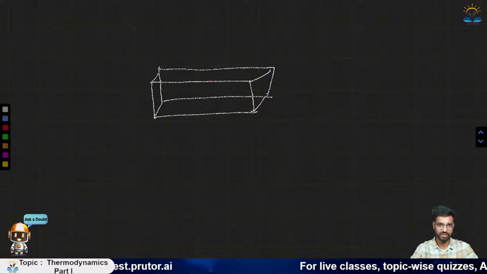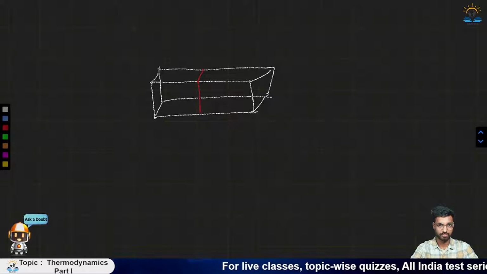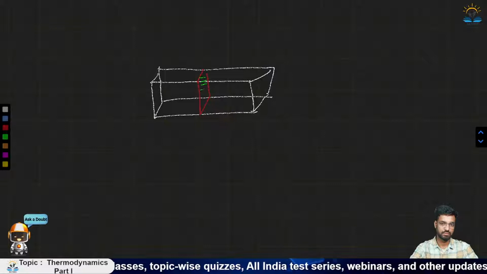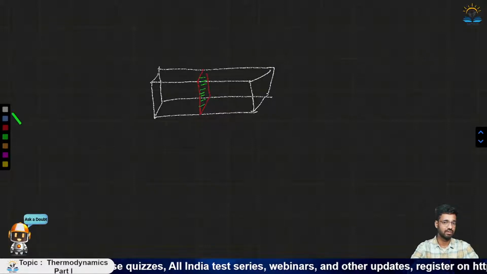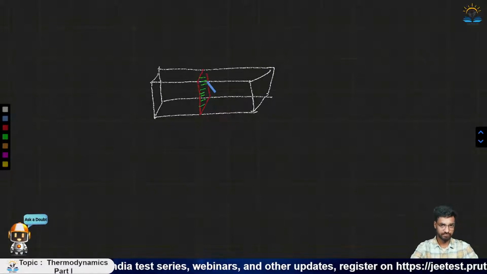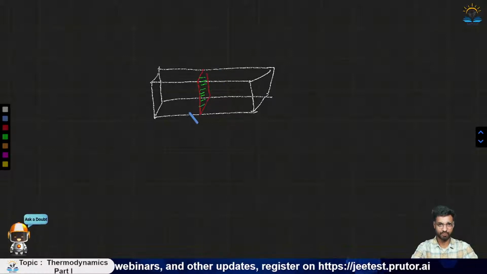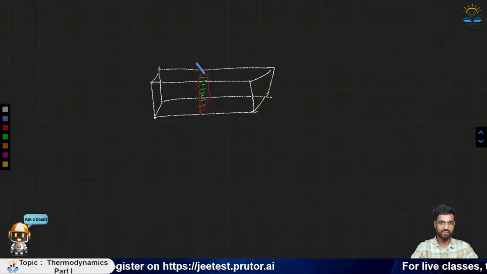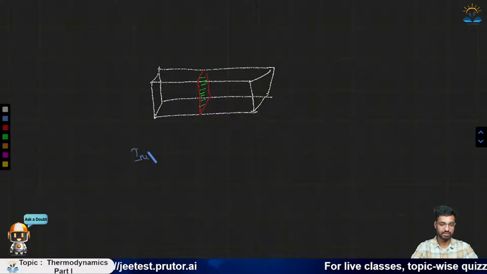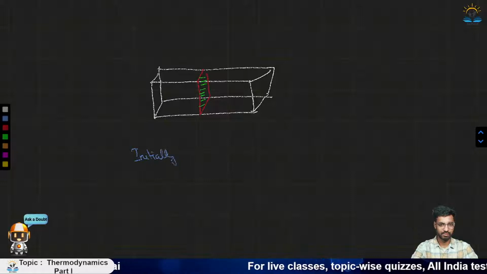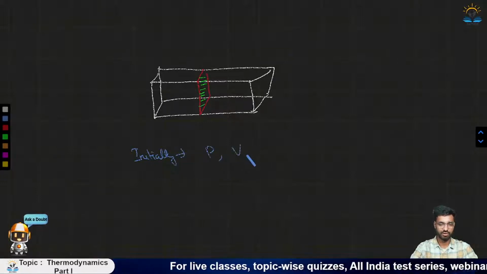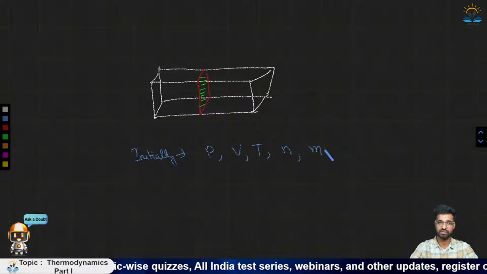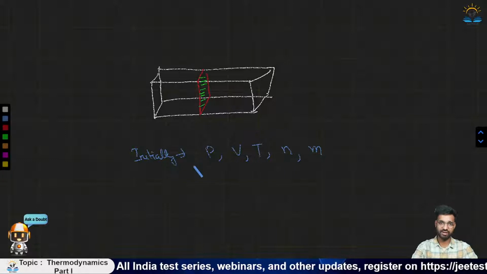So this is the partition. Initially this boundary is not between these two compartments. Then the pressure, volume and temperature, and the number of moles, and then we have mass. So these are the five properties we are taking.